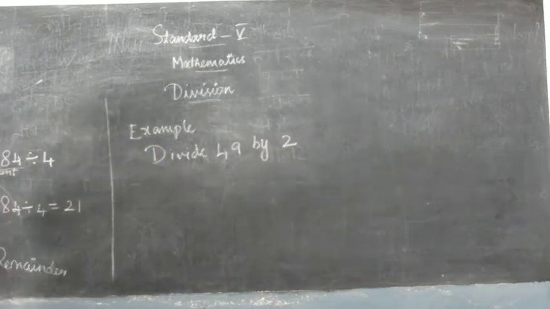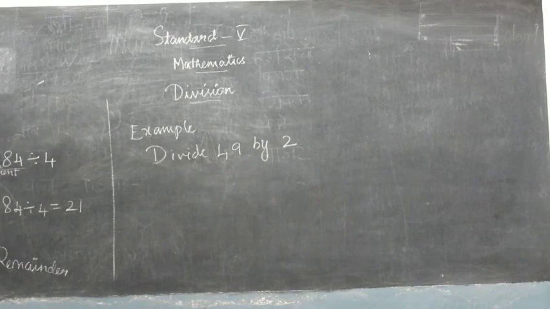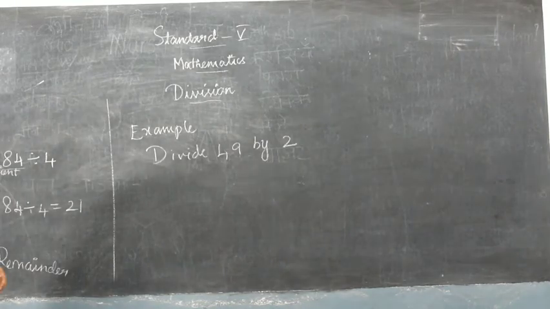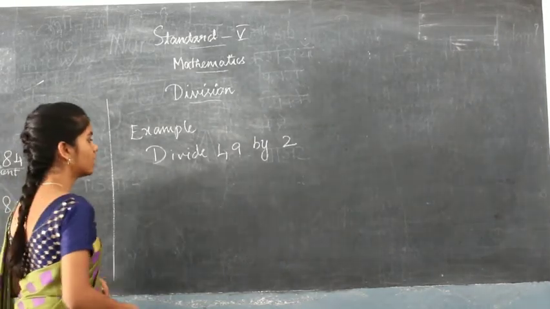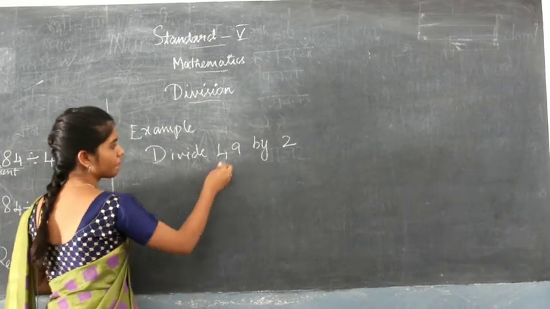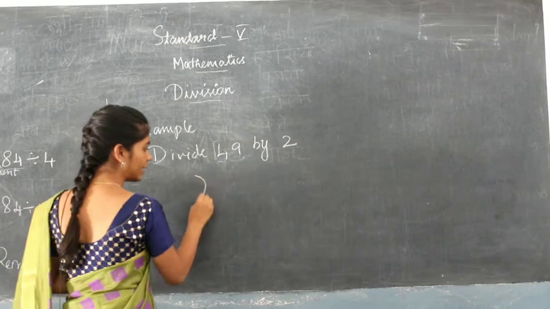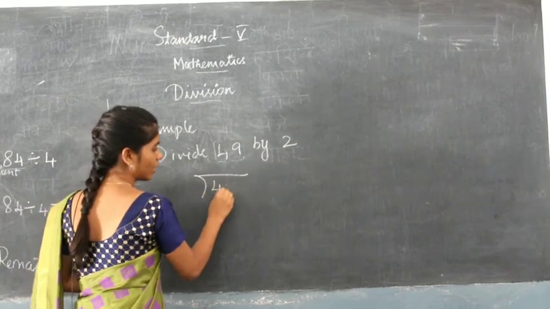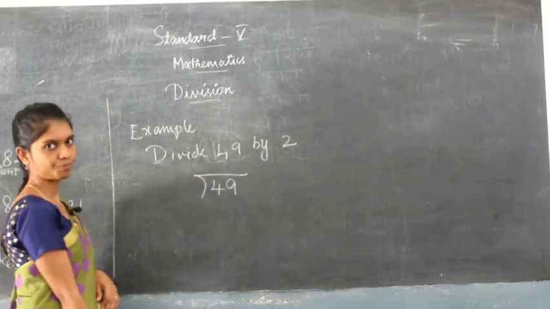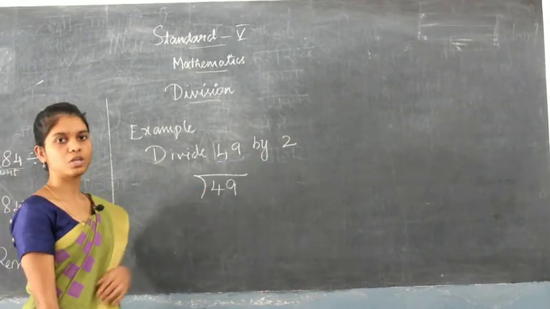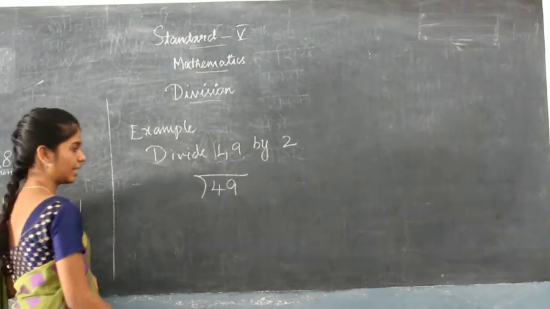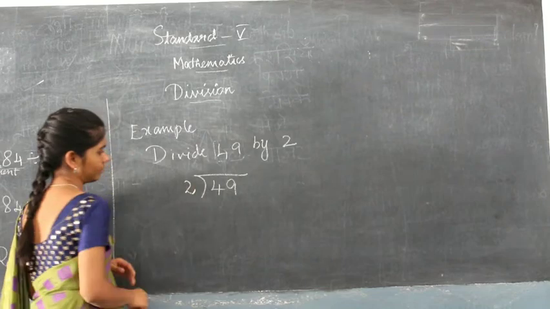So what you have to do is you have to divide the number 49 by 2. Okay, so what you should do? See, the number you have to divide is 49. So 49 is your dividend that you will write inside, and 2 is your divisor, that you should write outside.